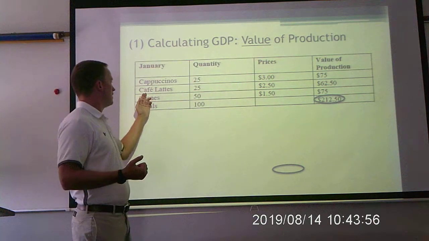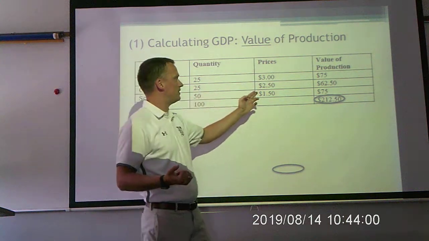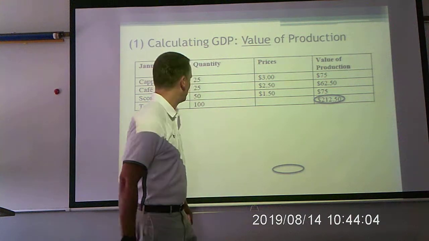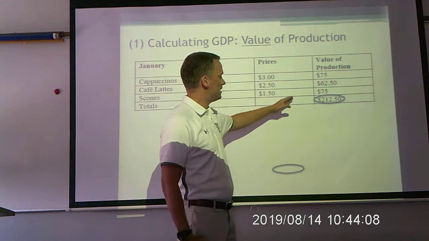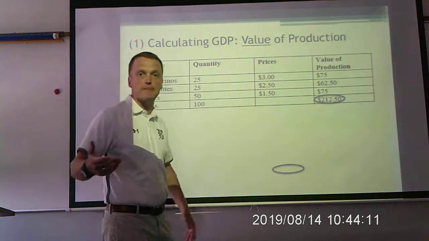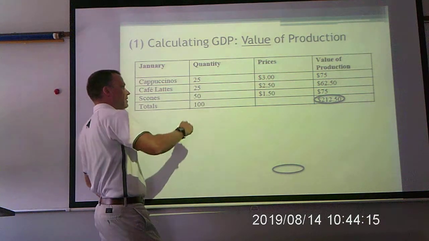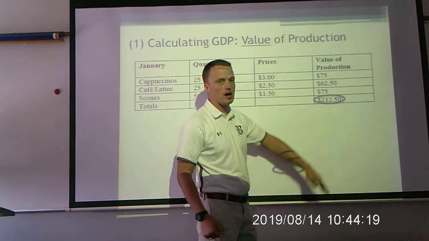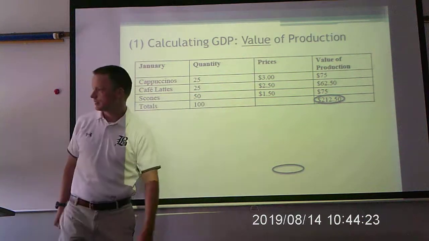Cafe lattes, 25 at $2.50, value of production $62.50. And then the scones, 50 times $1.50 equals $75. So when we're calculating GDP, we're multiplying quantities times prices for the total value. We're adding those up and we're getting $212.50.